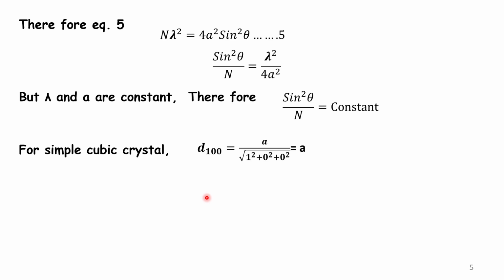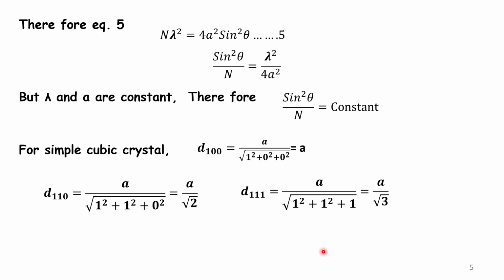That means for the plane having the Miller indices 1, 0, 0, its interplanar distance is equal to a. Similarly, we can obtain the interplanar distance for the plane 1, 1, 0 and for the plane 1, 1, 1. For the plane 1, 1, 0, d is equal to a divided by under root 2, and for the plane 1, 1, 1, d is equal to a divided by under root 3.